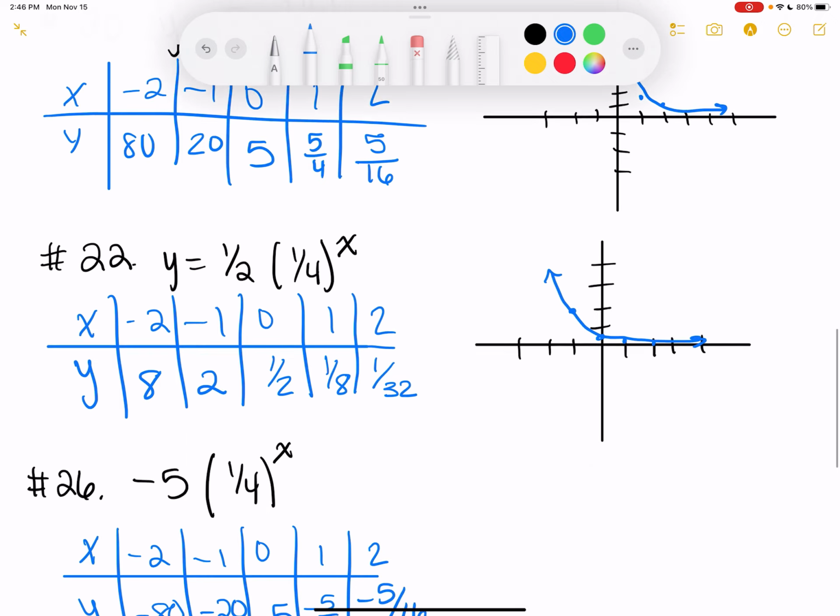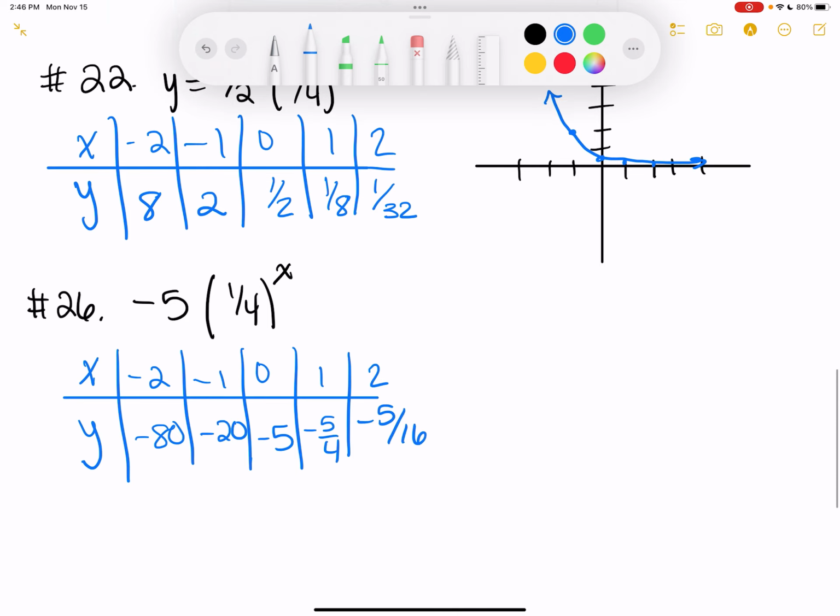All right, so graphing this. At -1, we're at -20. We're all the way down here. At 0, we're at -5. At 1, we're at -5/4.